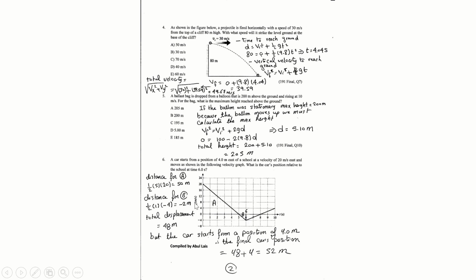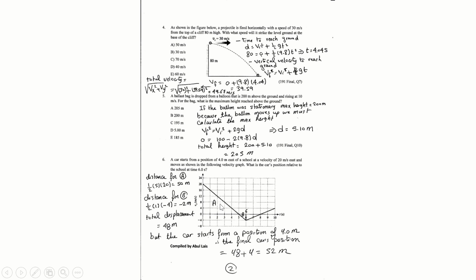So as I just mentioned in the other graph problems, if you have a velocity time graph and you want to find the position, you must find the area under the graph. So now I have two areas. This is the first area and this is the second area.